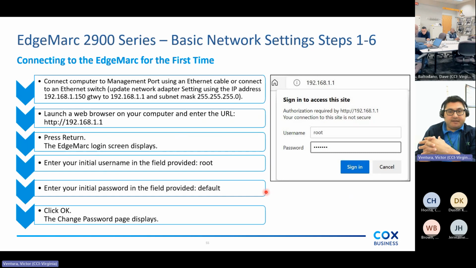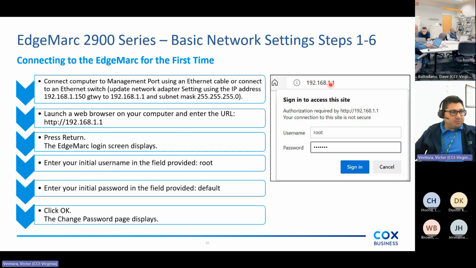So in order to do that, the edge mark would automatically give you a DHCP IP in the range of 192.168.1.2 to 234, any IP address. The gateway IP to get access to the edge mark is 1.1.